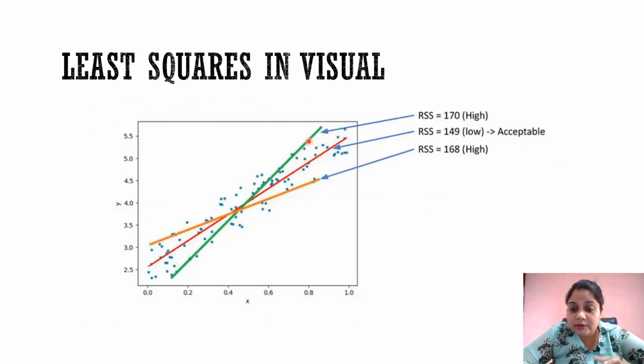Let's say we find three models: model 1 has an RSS value of 170, model 2 has an RSS value of 149, and model 3 has an RSS value of 168. The RSS value for the red line is 149, which is the lowest value, so we say this red line is the best fit line for this particular example.